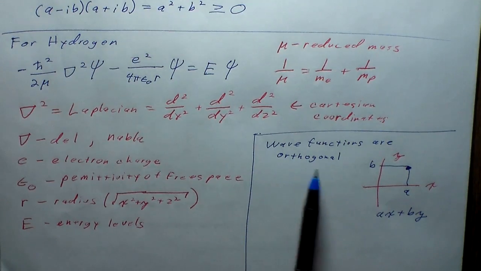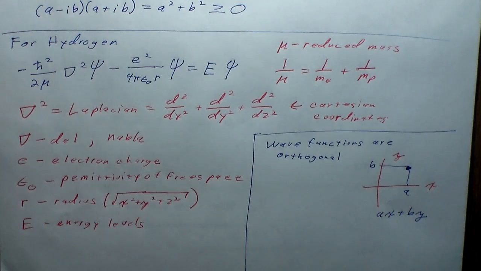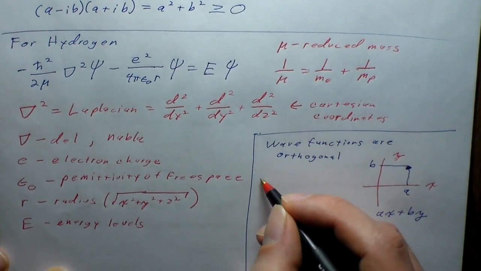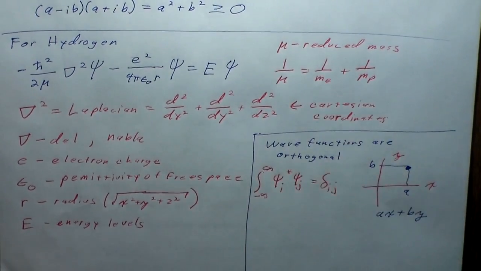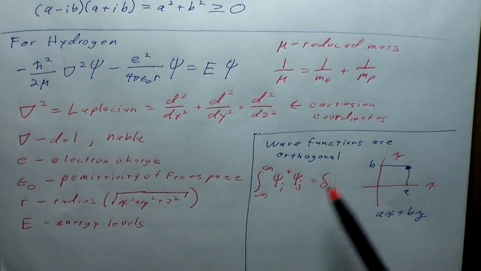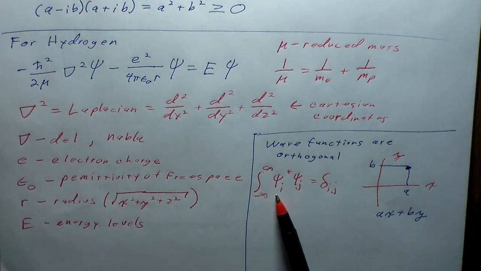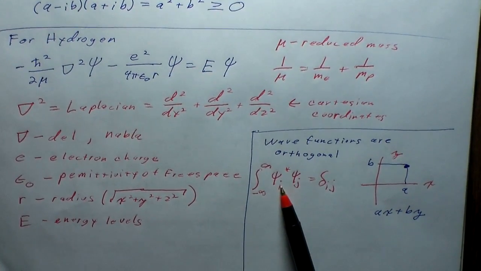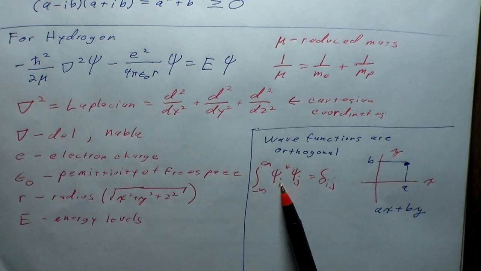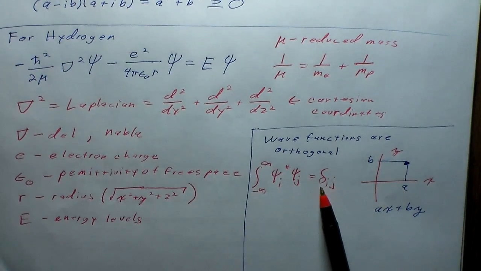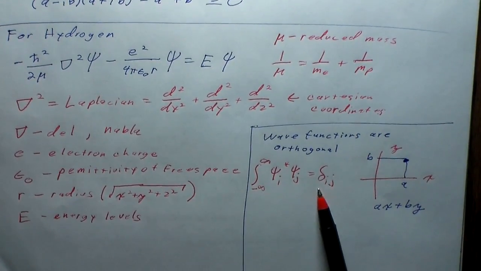Now, mathematically, how we can represent the orthogonality condition would be right here. Very simply, we can write this, which is essentially saying that if you have two wave functions and you're integrating them over all space, they're going to be equal to the Kronecker delta symbol over here.